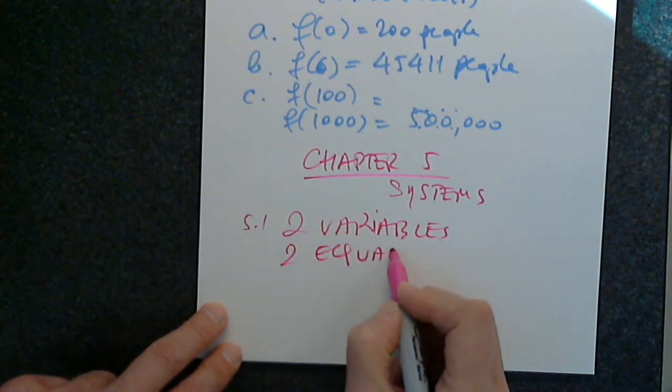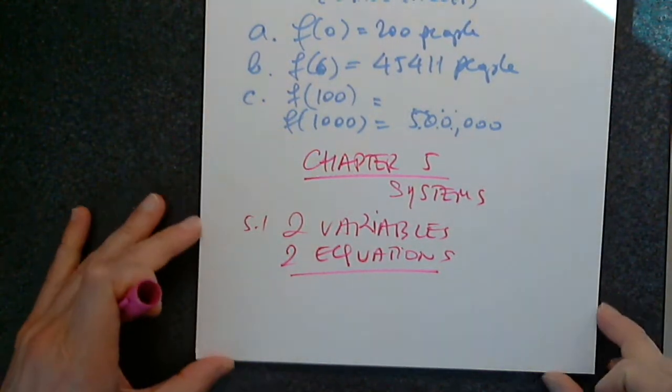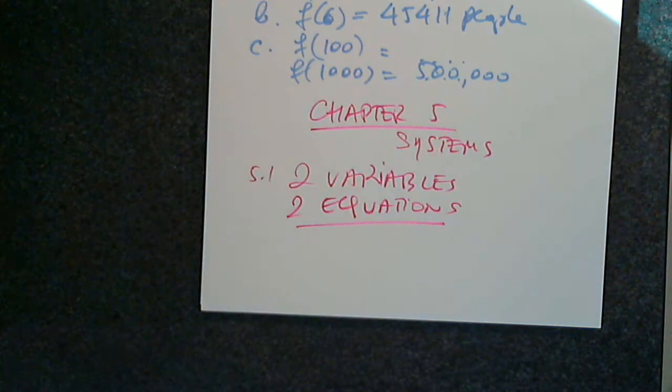So what is a system? Two conditions put together with two variables, two equations in two variables. Let me copy a problem from page 555, problem 14.